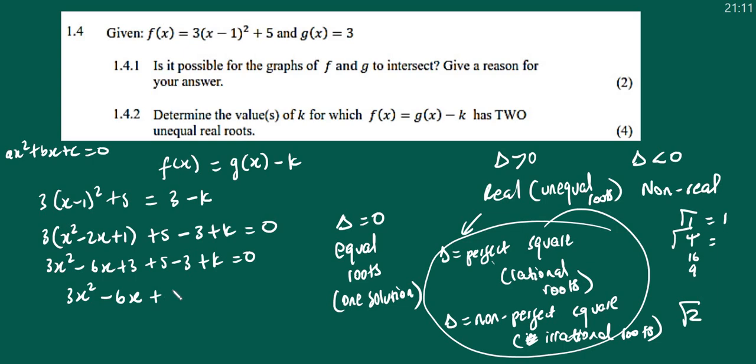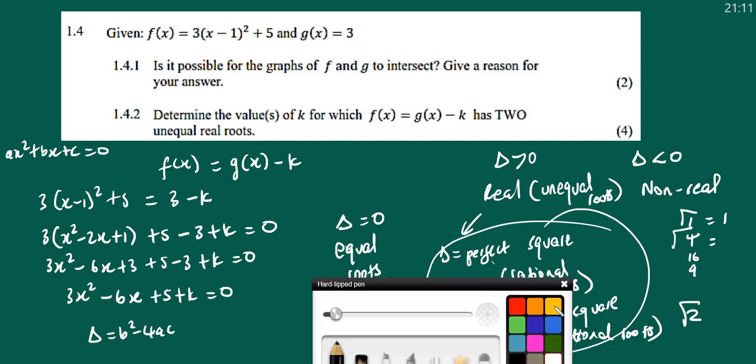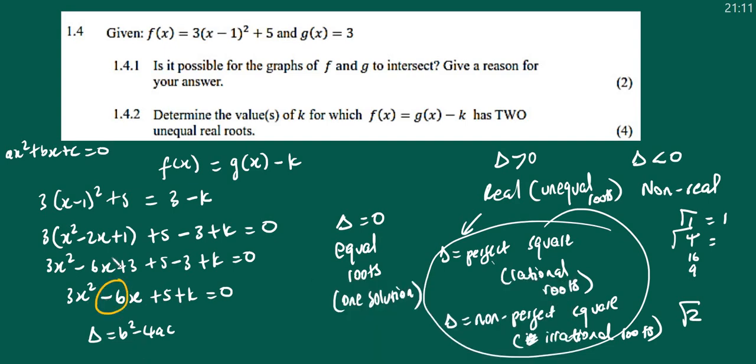You are left with 5 plus k. Now here is where you have to find your discriminant. Remember, it's b squared minus 4ac, which means you must identify your b, your a, and your c. This is b, this is a, and the whole of this is going to be your c.